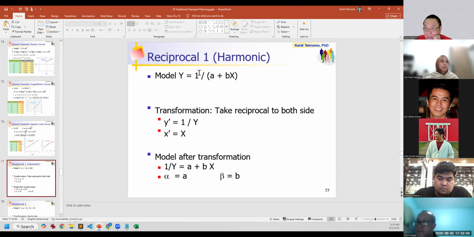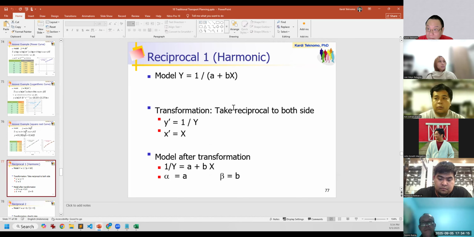If your model is harmonic, something like this, y equal to 1 over a plus bx, then again you need to transform it into a linear model. So how do you transform? You take the reciprocal of both sides.